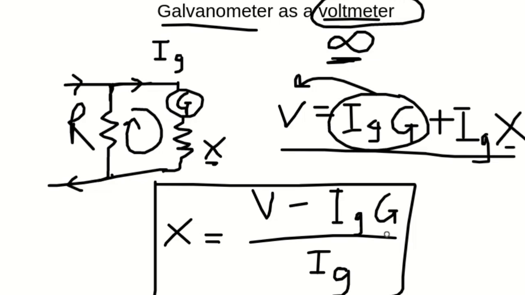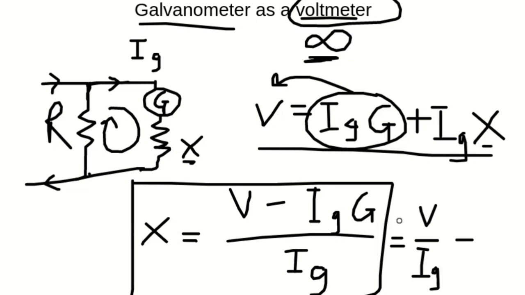You can further simplify this: V divided by Ig minus, so Ig and Ig will get cancelled, so here it will be capital G only. So we can find the value of X using this equation.